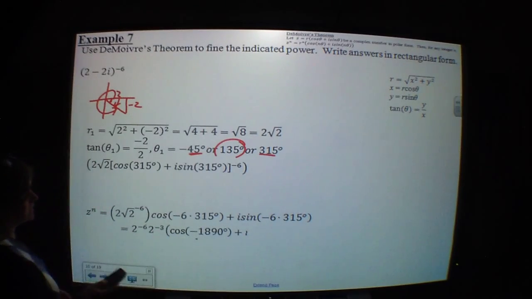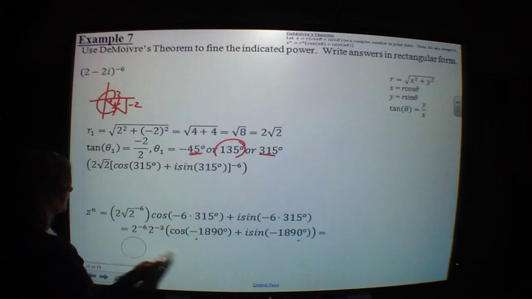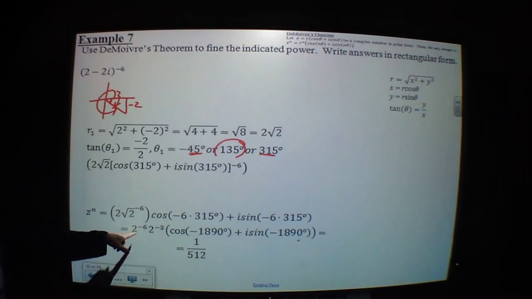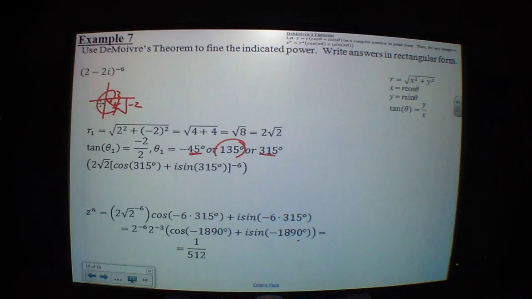Cosine of 6 times 315 degrees is 1890. 2 to the 9th, keep going. 2 times 2 is 4, times 2 is 8, times 2 is 16, times 2 is 32, times 2 is 64, times 2 is 128, times 2 is 256, and then 512. So that's 2 to the negative 9th, 1 over 512.